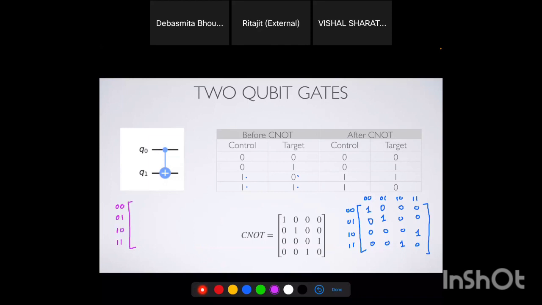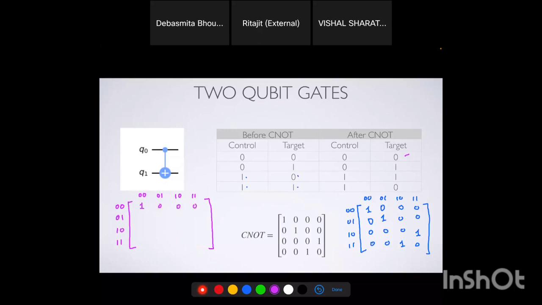Let's say that the rows are the inputs and the outputs can also be 0 0, 0 1, 1 0, 1 1, so the columns are the outputs. What we try to see is, when the input is 0 0, what happens to the output? When the input is 0 0, the output is also 0 0. So we put a 1 here and nothing happens to the others.